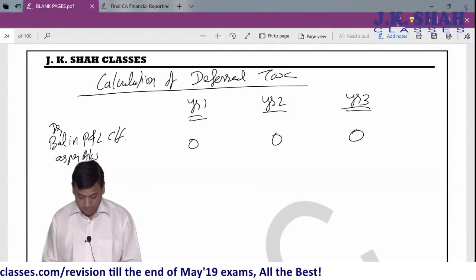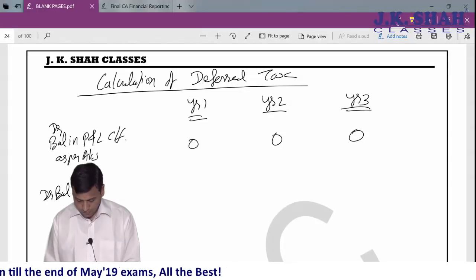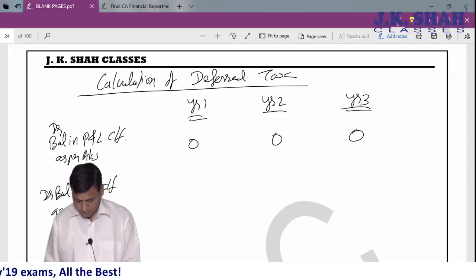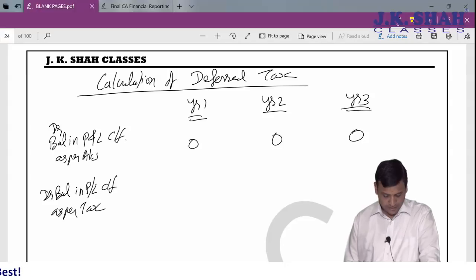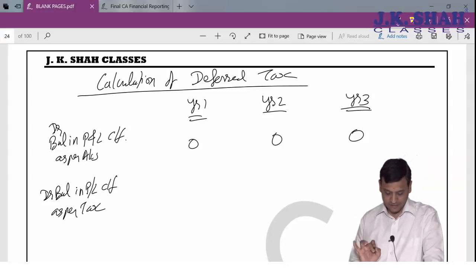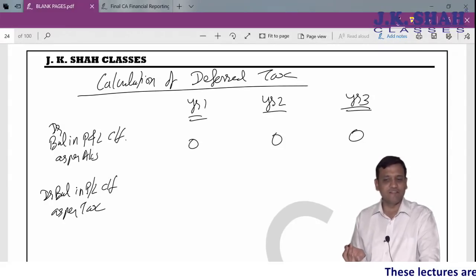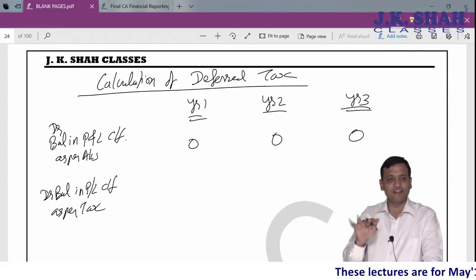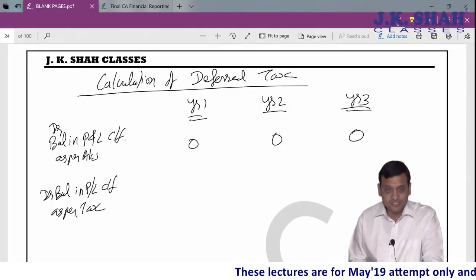Only for understanding purpose I am doing. Debit balance in P&L carried forward as per tax. This is nothing but an asset. For me it is an asset. Fictitious asset, we used to speak of something like that in 11th, 12th. I am just saying that the P&L account is my fictitious asset, only for making this problem easier, this is not the actual.